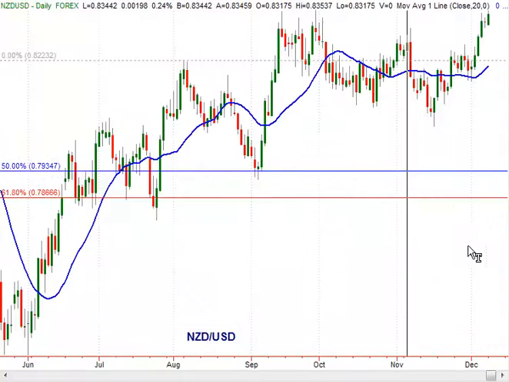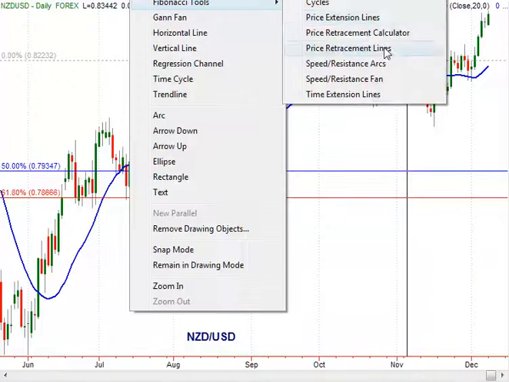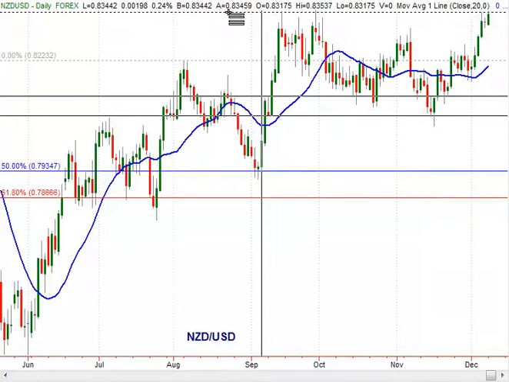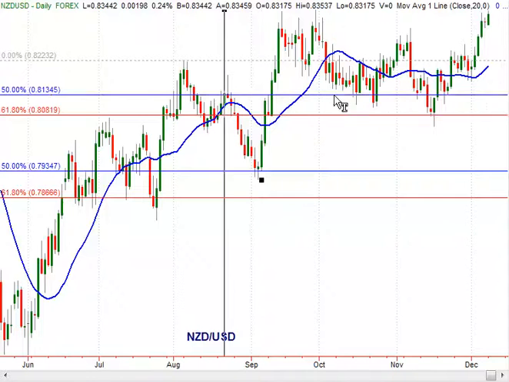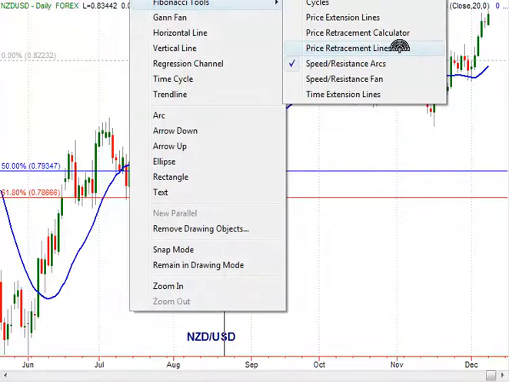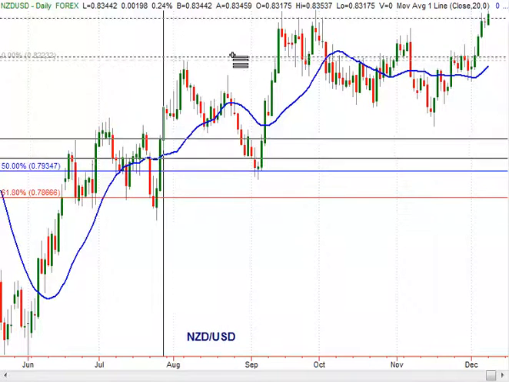Let's study the inner moves we have here in this move higher. As we can see, this move does not work because it was violated. So we have to start again. That's not very technical. So this instrument is not very technical. That's a confirmation of what I said before.